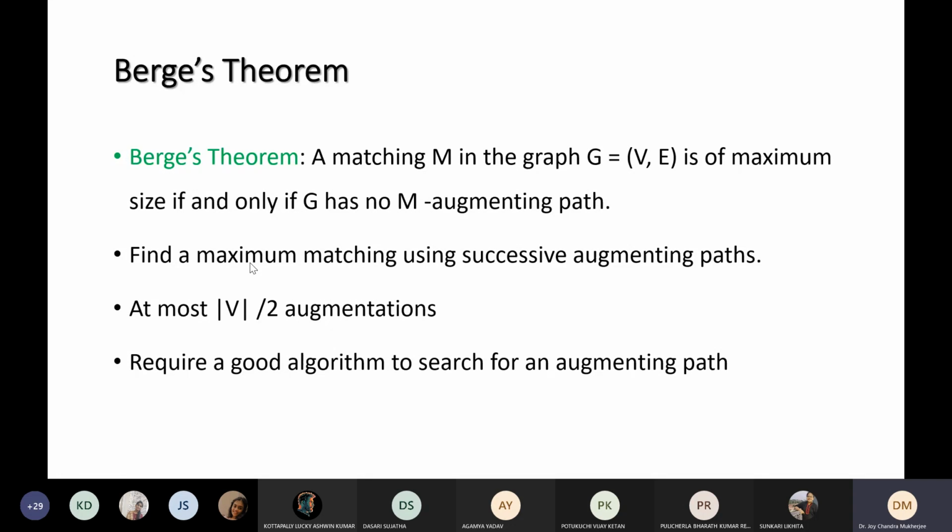If I find an augmenting path, we change the status of saturated edges to unsaturated edges, and unsaturated edges to saturated edges. With every augmentation, the size of the matching gets increased by 1. Since there are V vertices in the graph, at most mod V by 2 augmentations are possible.